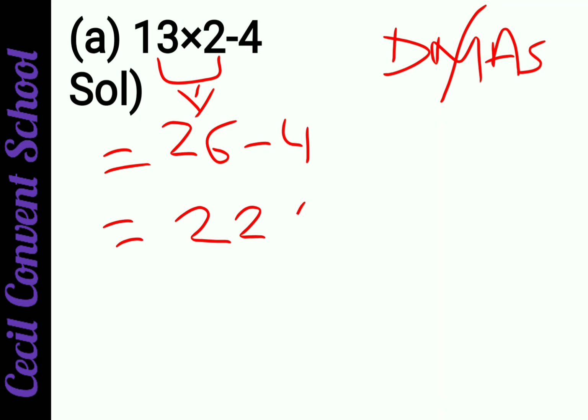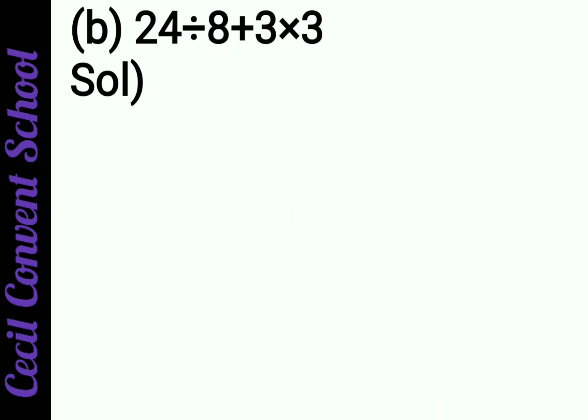So the answer will be 22. Clear, students? In this manner we will solve these types of questions. You have to do these questions in your maths copy, as I am doing. On the side you have to write down the formula, and according to that formula you have to solve it. Clear?